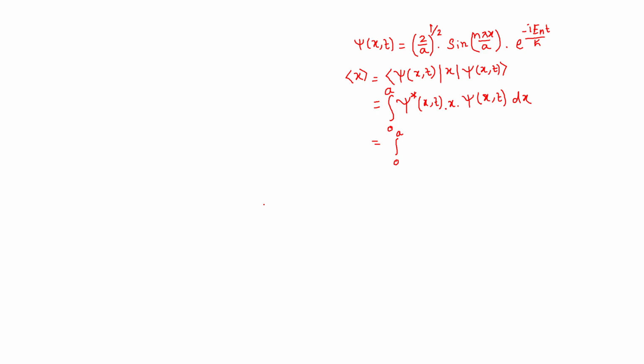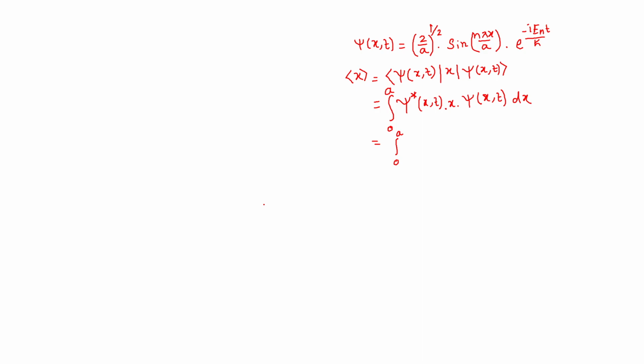So you know this formula, that 2 sine square x can be written as 1 minus cos 2x.